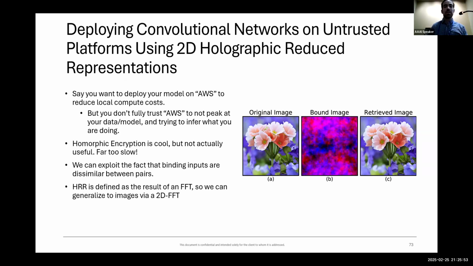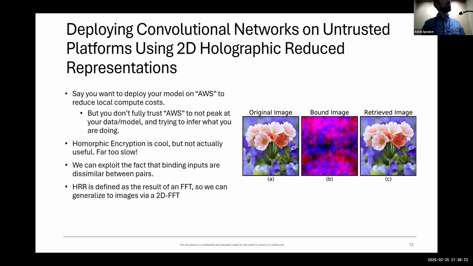So let's say that you want to deploy your neural network onto some third-party platform, something like AWS or Google Cloud or something that's going to run your model and run your predictions all over the world. But you don't fully trust them not to peek under the hood, right? Like someone's sending data to your model and someone's like, oh, you get so much traffic to your model.